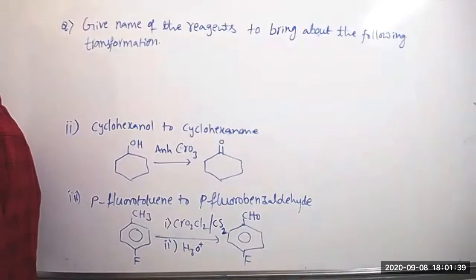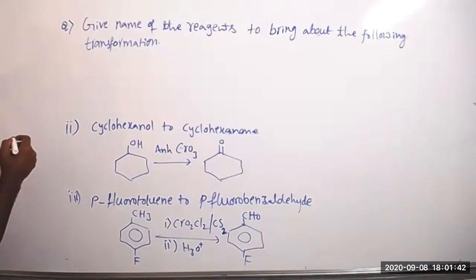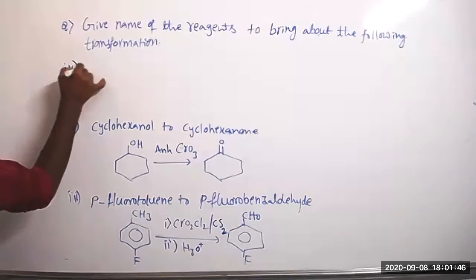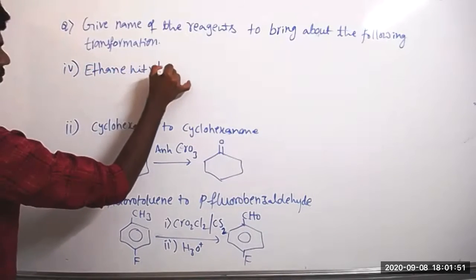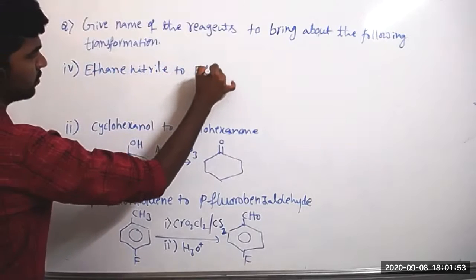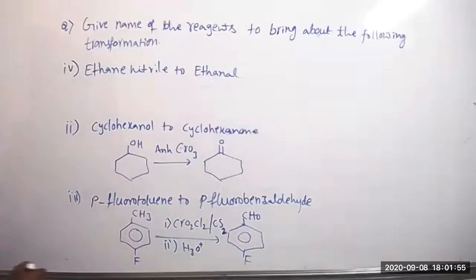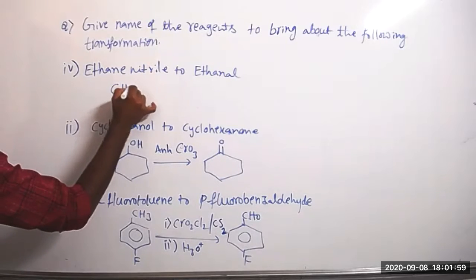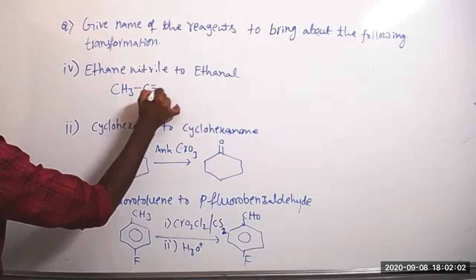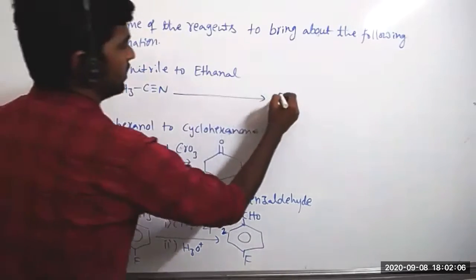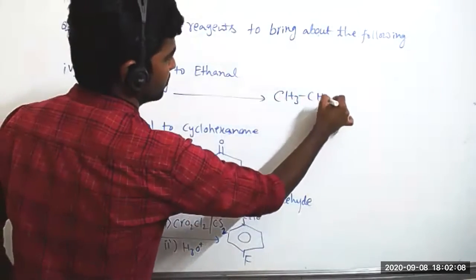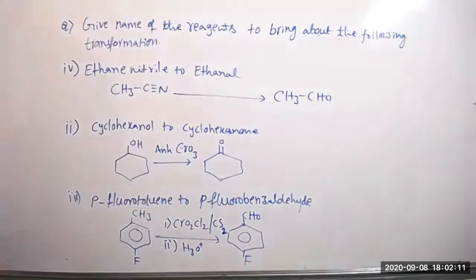Next, ethane nitrile to ethanal. Ethane nitrile is CH3 C triple bond N, a cyanide. We need to convert this to ethanal, CH3CHO. Cyanides are converted to aldehydes.